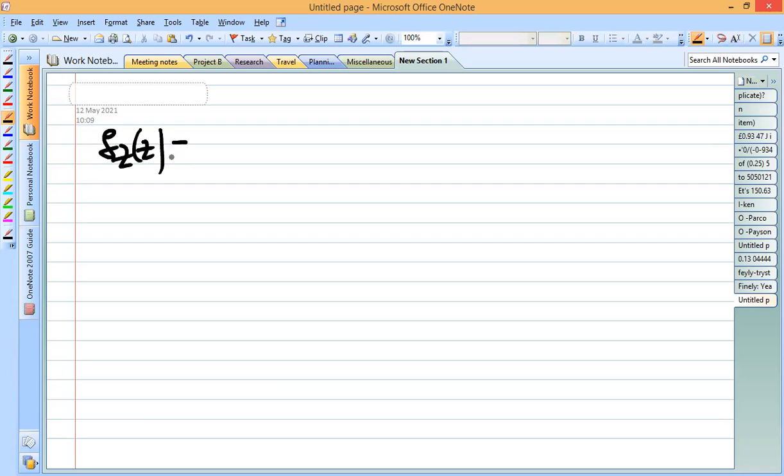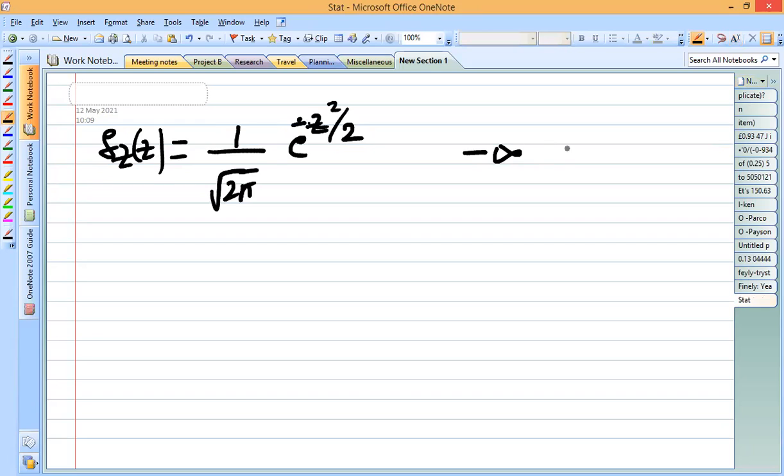Usually for the Gaussian distribution, we take the random variable z. This is given as 1 by root 2 pi into e to the power minus z square by 2, valid for minus infinity less than z less than infinity. This much calculation is not shown directly; I'll just write the answer.